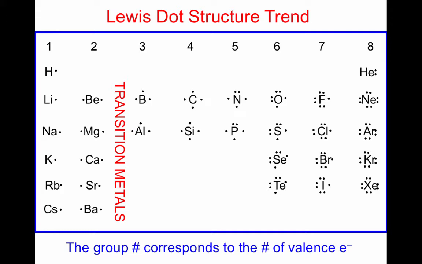If you're in group 4, you have 4 valence electrons, therefore you have 4 dots. And you notice if you look at, say, nitrogen, oxygen, fluorine, and neon, there are only 2 dots per side of the element. So you can have a max of 2 dots per side, for a total up to 8 valence electrons in the noble gas group.